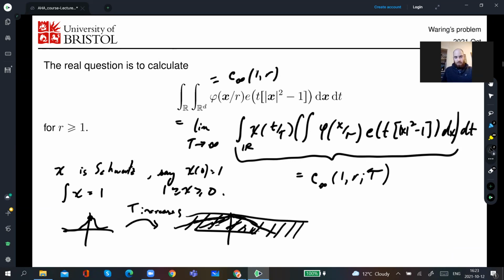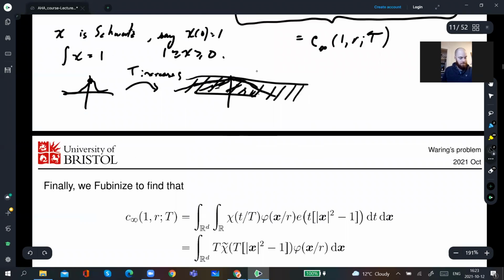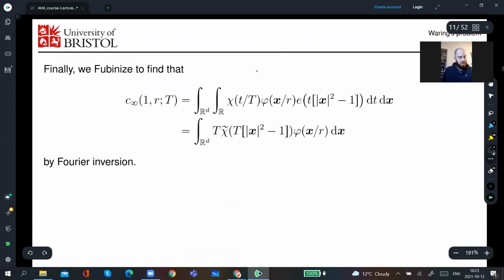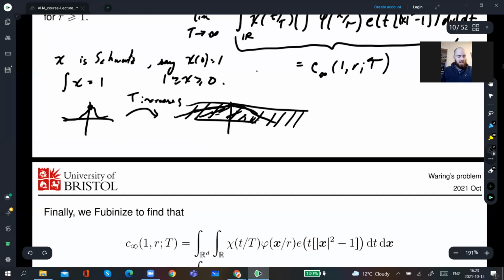Now that I have absolute convergence for each fixed t, you can apply Fourier inversion. So I'm going to apply Fourier inversion with respect to t now. How can I do that?